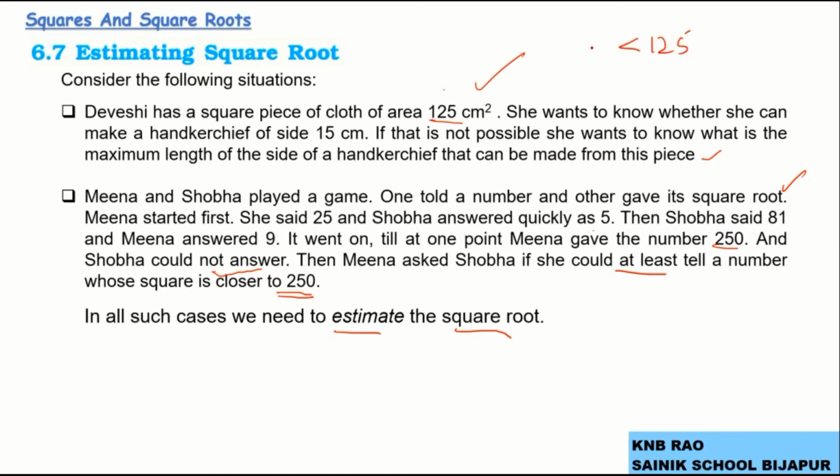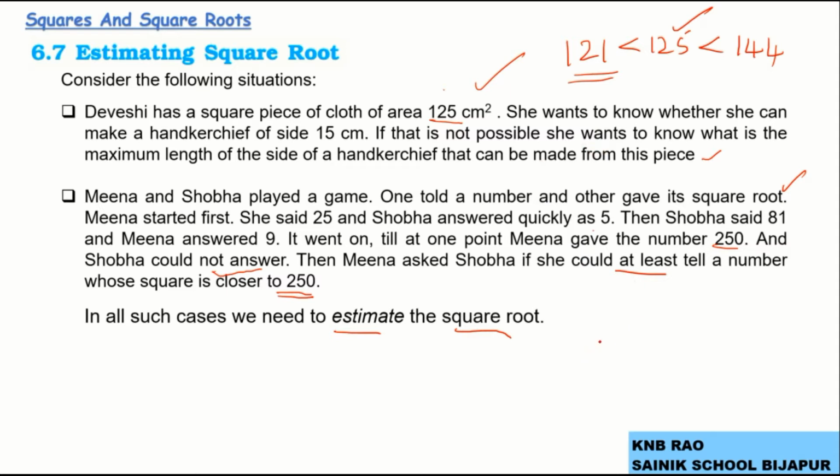It is close to 121, which is the square of 11, so it is approximately 11. It is more than 11 square and less than 12 square. 12 square is 144. Since 125 is closest to 121, I say it's approximately 11 centimeter. The possible kerchief will be of side 11 centimeter.